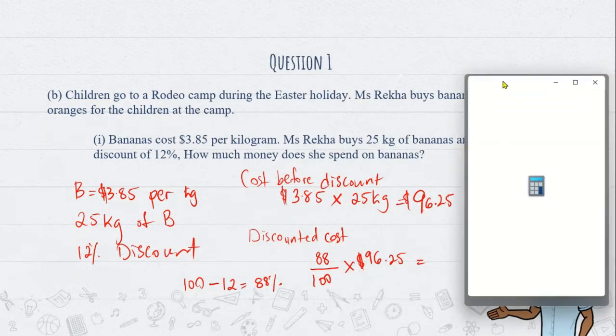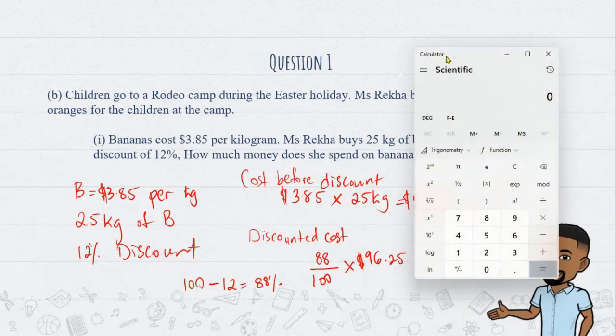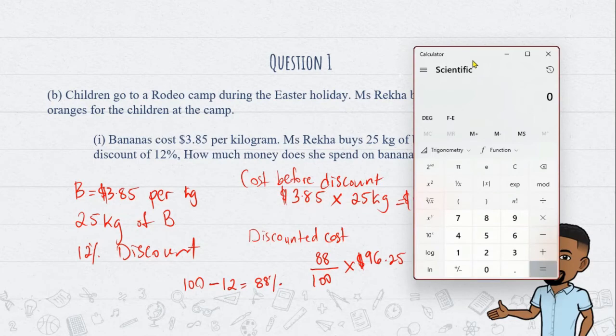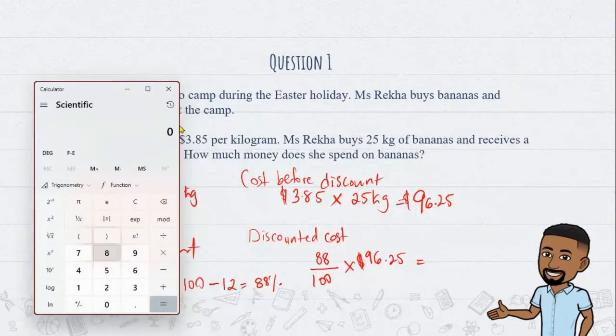So it's 88 divided by 100, and that's 0.88, multiplied by 96.25.